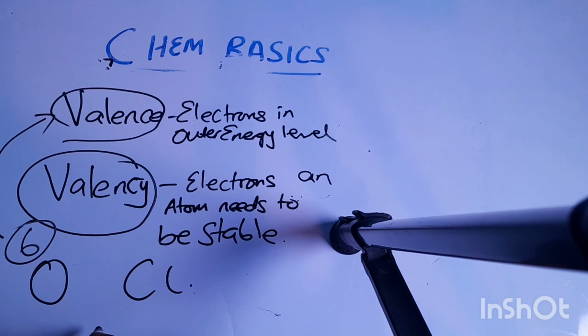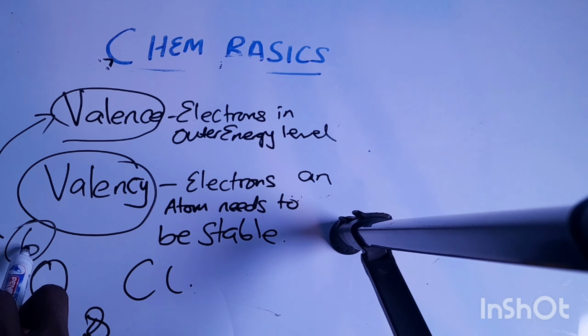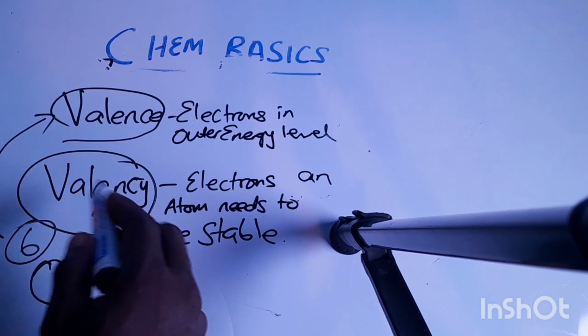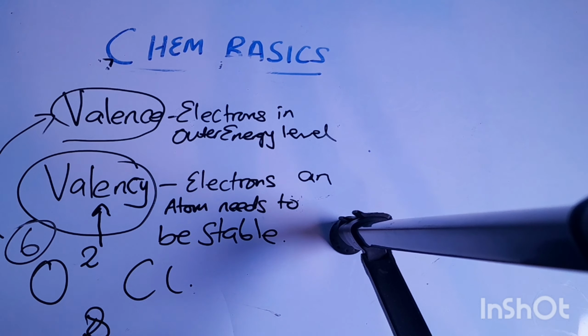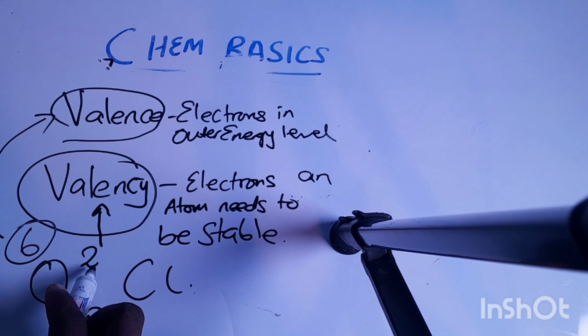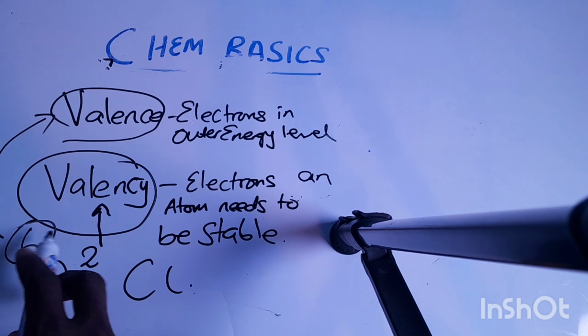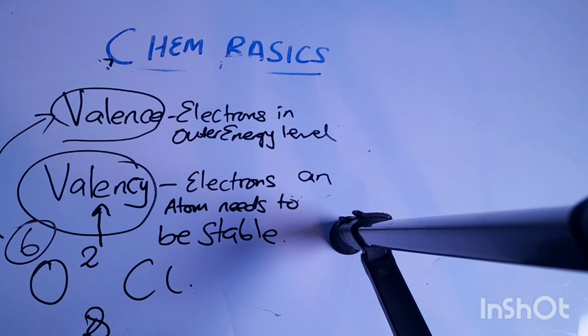As I said, the stable number is 8 or 2, depending on the element. So oxygen needs 8 electrons, which means it needs 2 more electrons added. So 2 is the valency of oxygen, because it needs 2 so that it can have 8 electrons at the outermost shell.